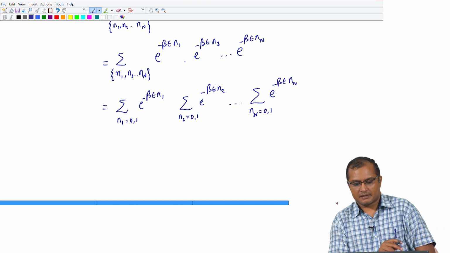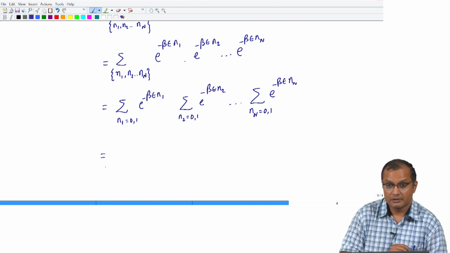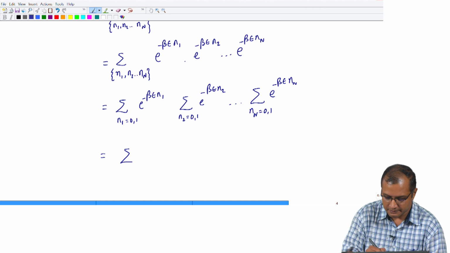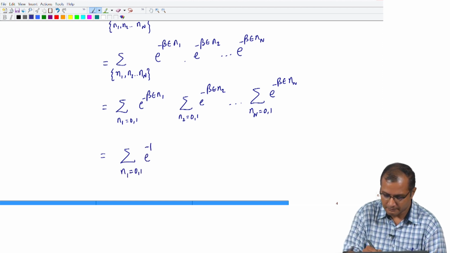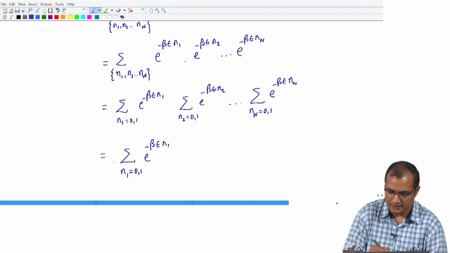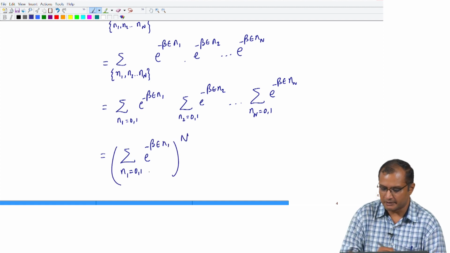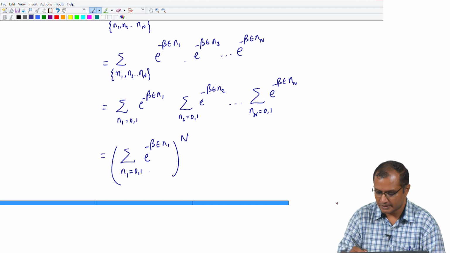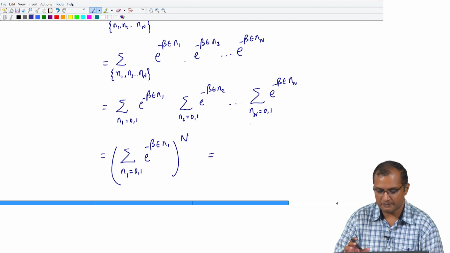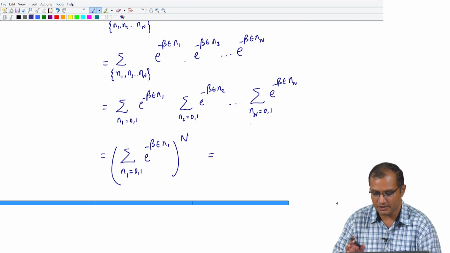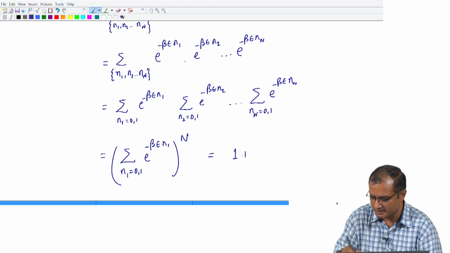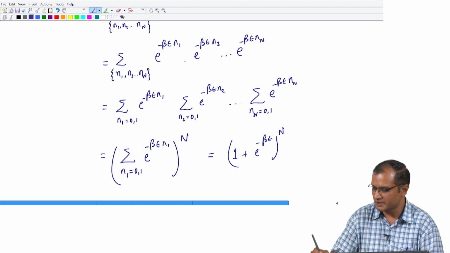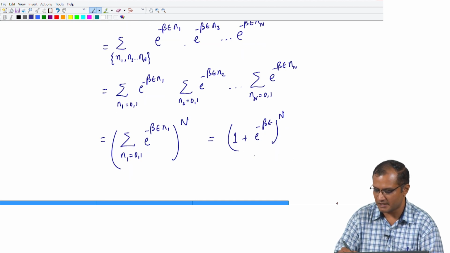Now, please look at these summations, they are all independent, which means I can simply take one of them and raise it to power N, okay, and if I take the values of n1, 0 and 1, this becomes 1 plus e raised to minus beta epsilon, to the power N. That is my partition function, that simple.